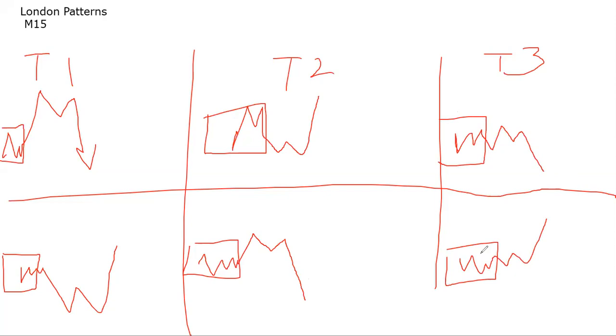Remember in our previous videos, we spoke about trapping behaviors of the market, and we said that MZWs in most cases, or in all cases, are used to trap traders. So you realize that on this London pattern type 1, the dealer will break out of the Asian session and induce people to go long.